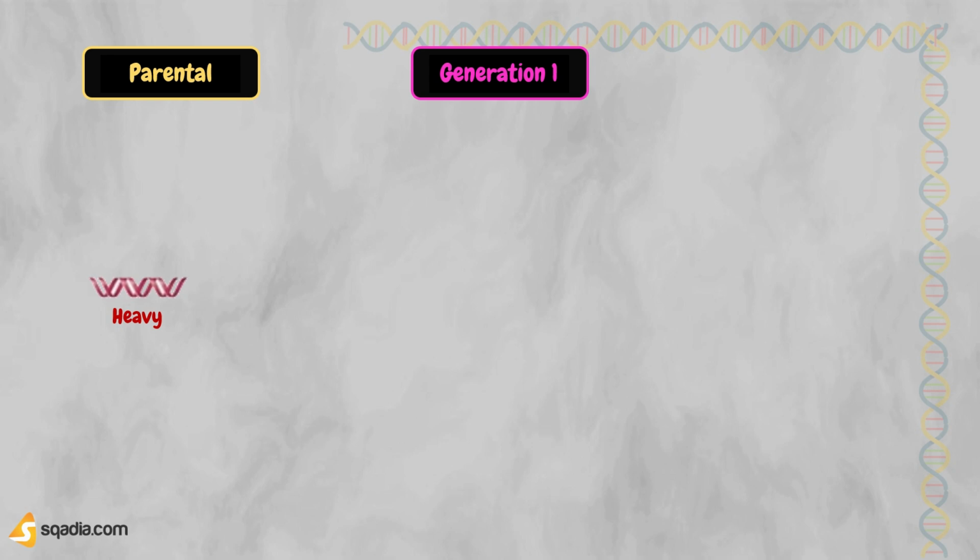The parental DNA is a duplex of 2 heavy strands, shown in red. After 1 generation of growth in a light medium, the duplex DNA is hybrid in density. It consists of 1 heavy parental strand, which is red, and 1 light daughter strand, which is blue.